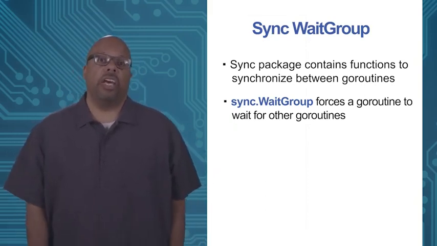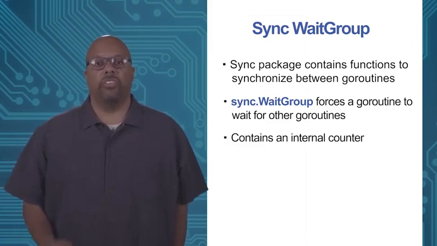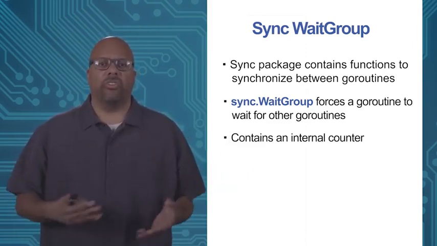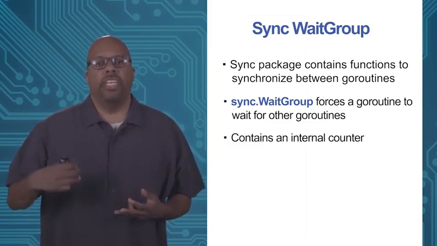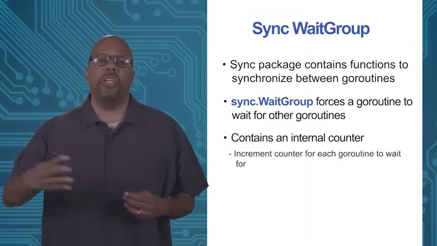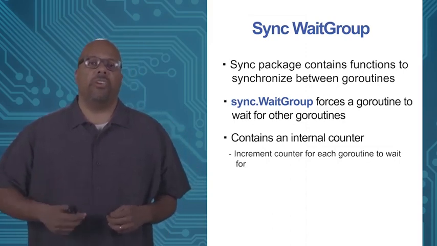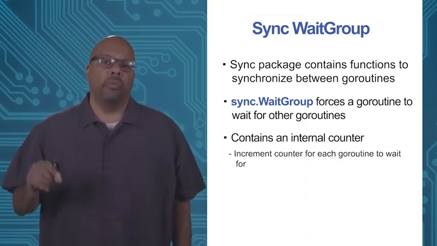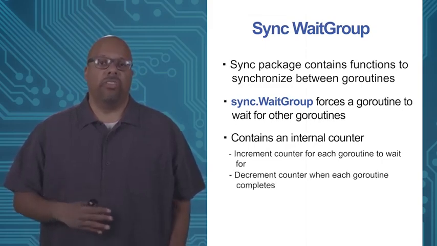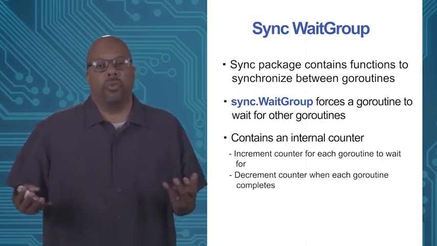This sync.WaitGroup object contains an internal counter, often called a counting semaphore, but just think of it as a counter. It starts off at 0. You increment the counter for each goroutine you want to wait for. So if there are 3 goroutines you want to wait for, you increment the counter 3 times, making it 3. Then you decrement the counter when each goroutine completes.